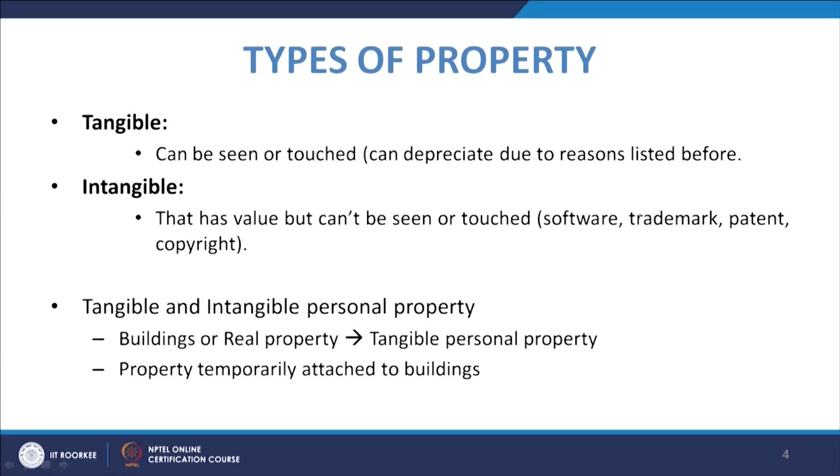Now, when we talk about depreciation, we must know which properties are going to be depreciated, and before that we must define property. Basically, properties are of two types: tangible and intangible. Tangible means it can be seen or touched, and it can be depreciated due to the reasons which have been listed. Whatever machines are there can be depreciated because of physical depreciation.